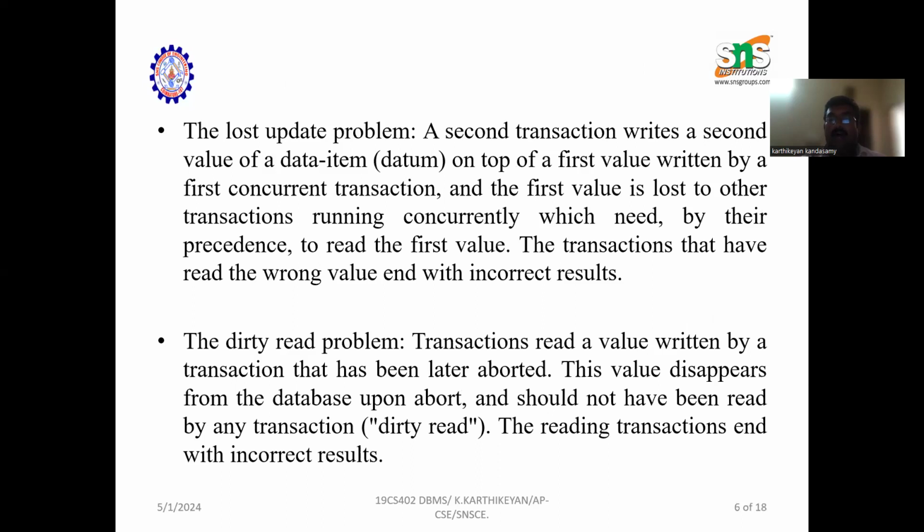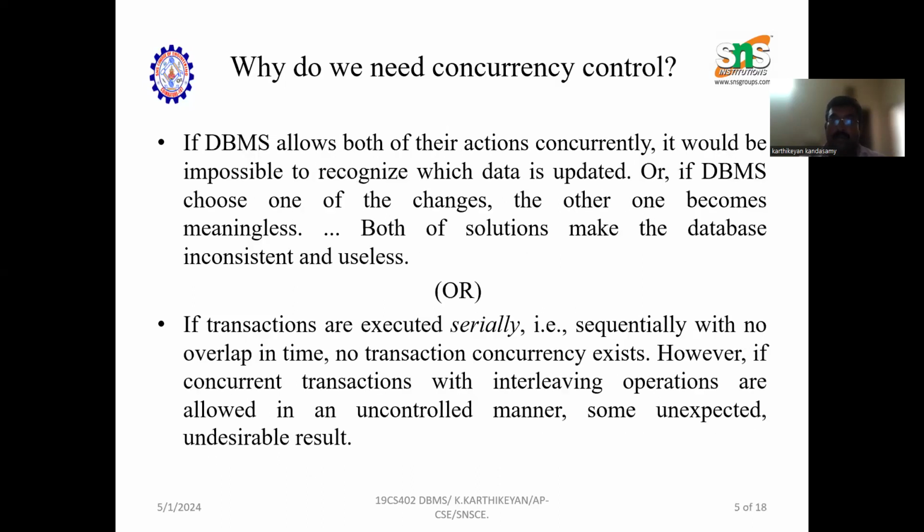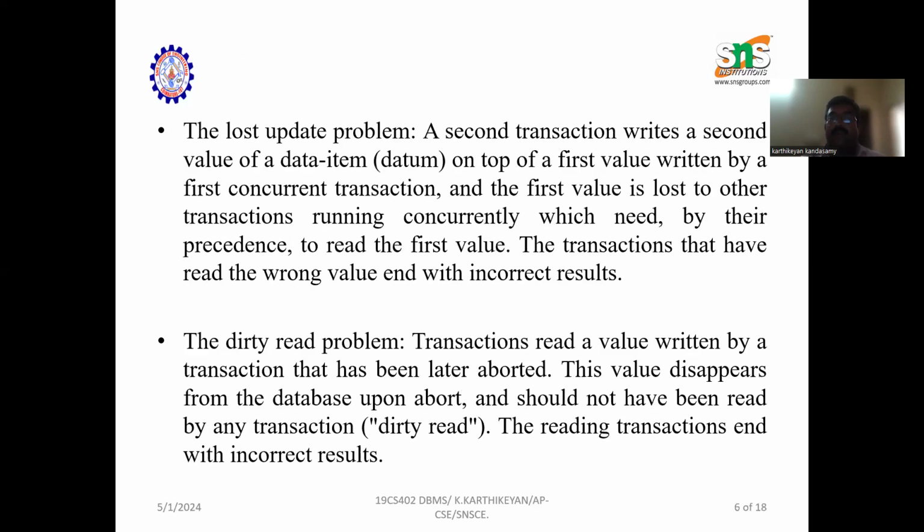So we have three problems. One is the lost update problem and the dirty read problem. In the lost update problem, a second transaction writes a second value of a data item on top of the first value written by the first concurrent transaction, so the transaction that has read the wrong value produces incorrect results.